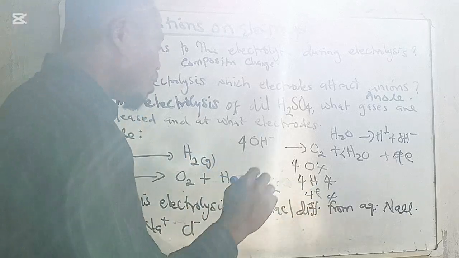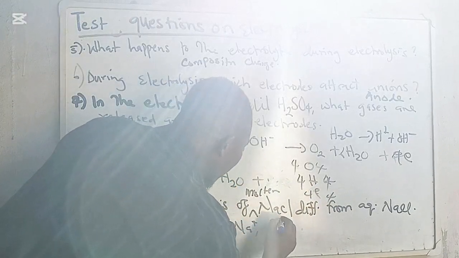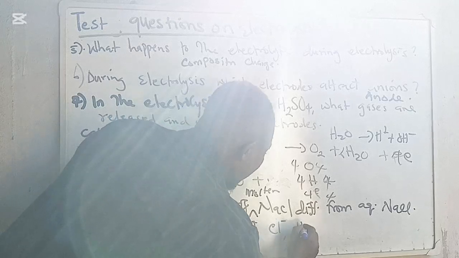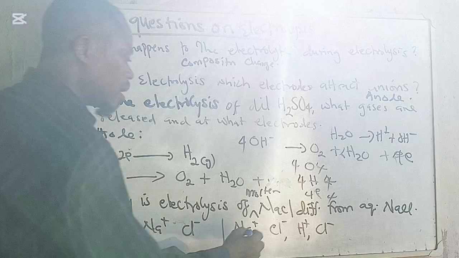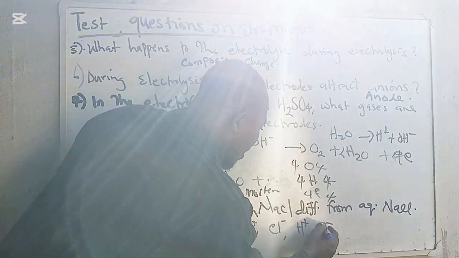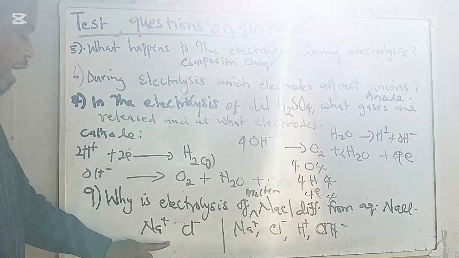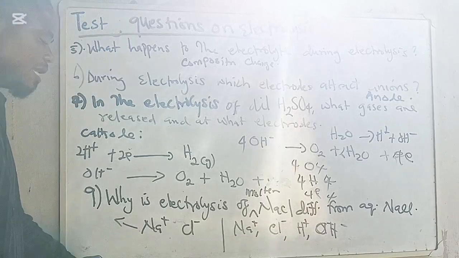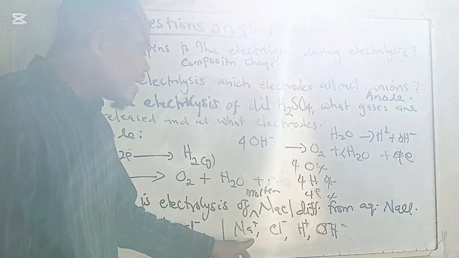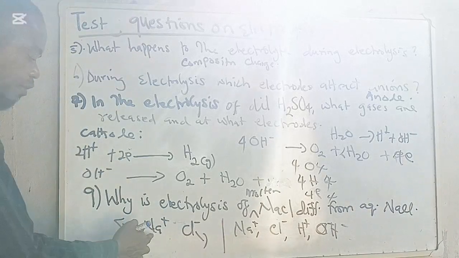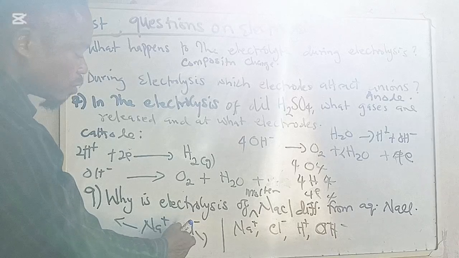But in aqueous, you are going to have in solution sodium ion, chloride ion, and then from water you have hydrogen ion and OH ion. Now, in the molten sodium chloride, sodium will be discharged at the cathode, while chlorine will be discharged at the anode. Why? Because there are no ions competing. Because the only cation we have is sodium, while the only anion we have is chloride ion.